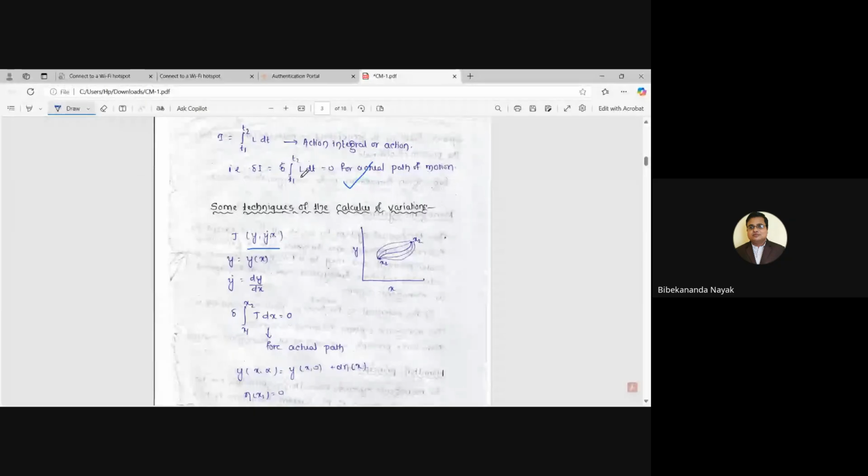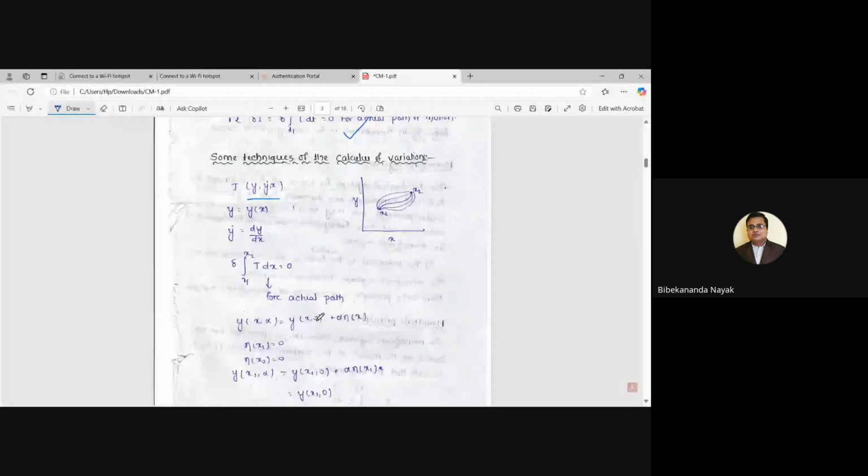In our case the Lagrangian has q dot, which is dq by dt, but here it is dy by dx. According to Hamilton's principle, in place of L I write J, and the integral of J dx should be minimum, so its variation delta should be 0 for the actual path of motion.